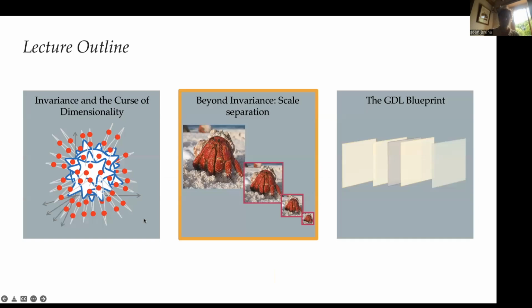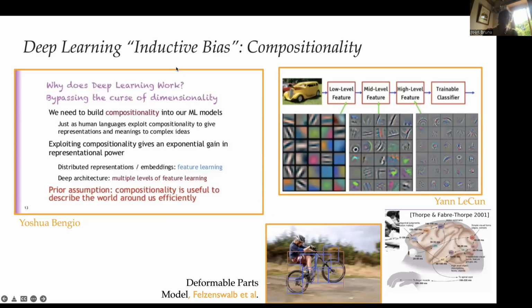So now let's move to the second part of the lecture, which is addressing the missing ingredient, which is the notion of scale, multi-scale separation. If you think about why deep learning works and what the secret sauce of these architectures is, and you go to the lectures of pioneers of the field like Yoshua Bengio or Yann LeCun, you see that their arguments all involve this notion of compositionality.